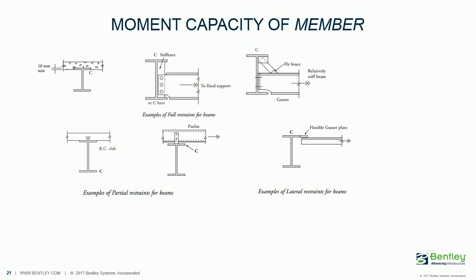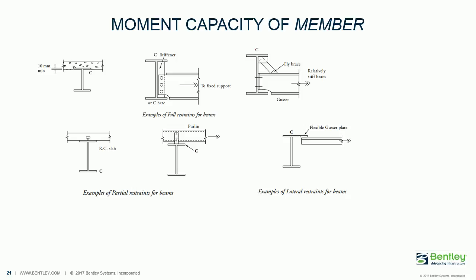This is the compression flange of a beam and the tension flange of a cantilever. So basically, a critical flange means some element or some flange which undergoes significant compressive stress, and it tries to buckle, but it could not buckle as an actual buckling effect. It just buckles or sways laterally, and that is what we call lateral torsional buckling.